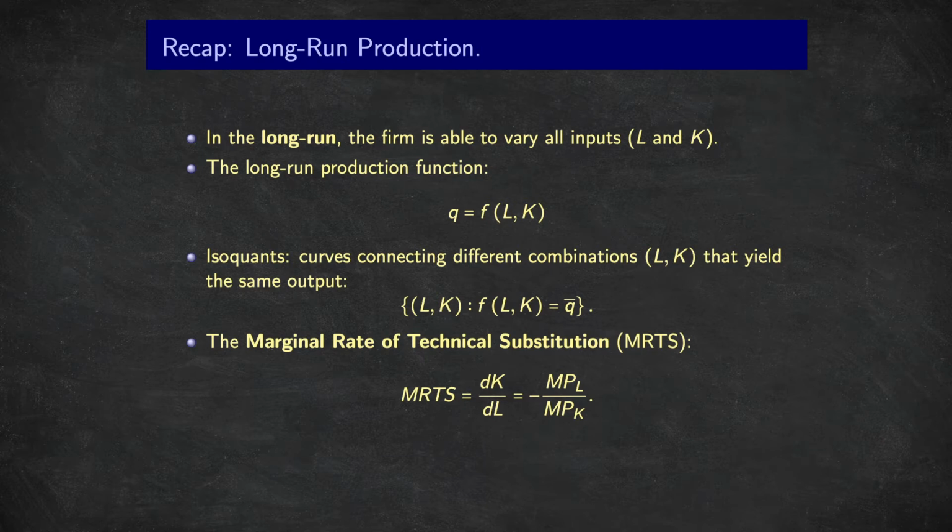We showed in Lecture 12 that this was equal to the negative of the ratio of marginal product of labour over marginal product of capital, where the marginal product of labour is the partial derivative of the long-run production function with respect to labour, and the marginal product of capital is the partial derivative of the long-run production function with respect to capital.